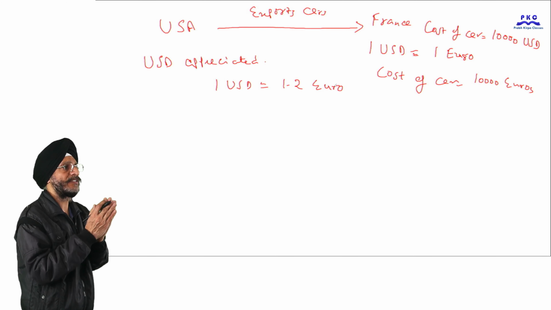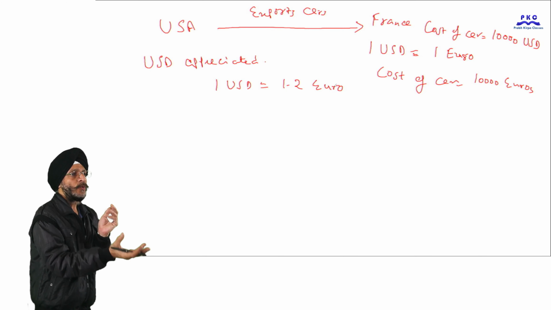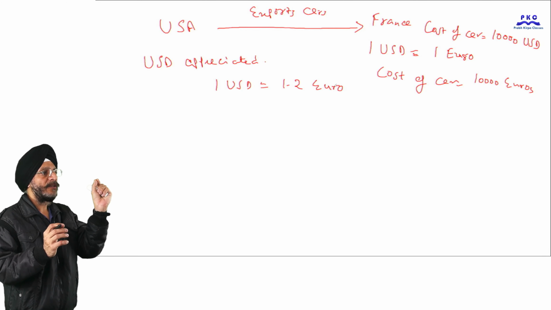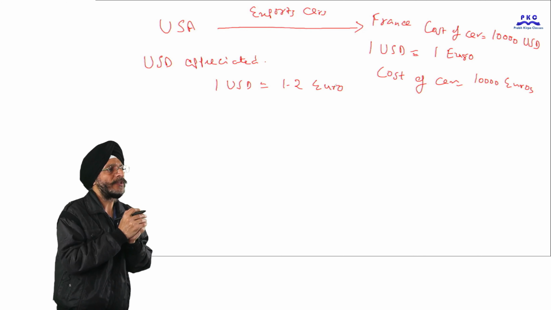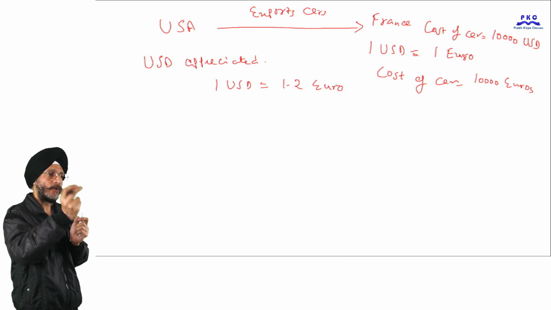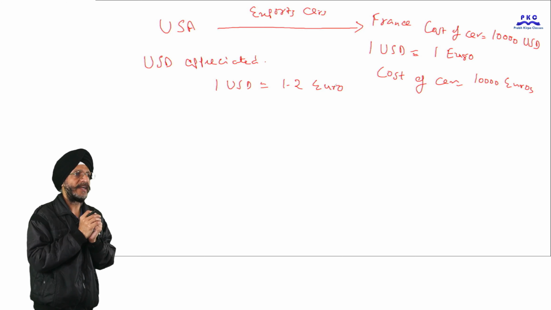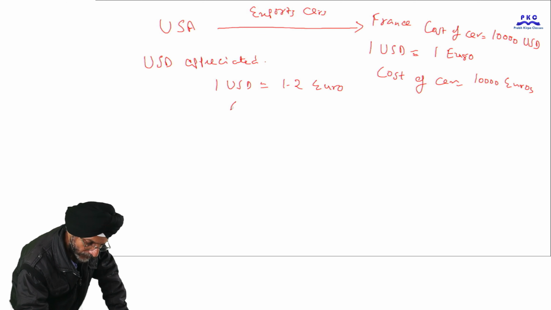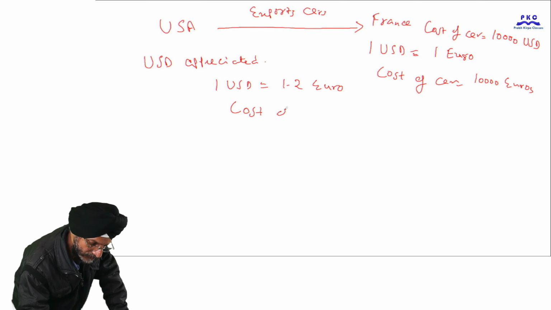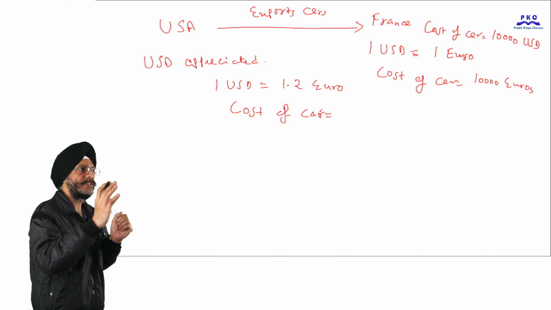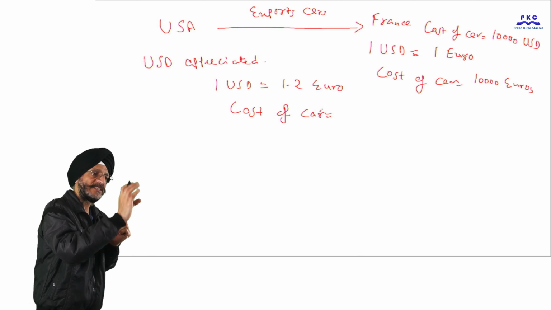Now, after appreciation, for 1 US dollar, the residents of USA can get 1.2 euros. That is more of foreign currency they can get. Now, what is the cost of the car after appreciation of the US dollar, that is, what the residents of France will have to pay to purchase the said car?